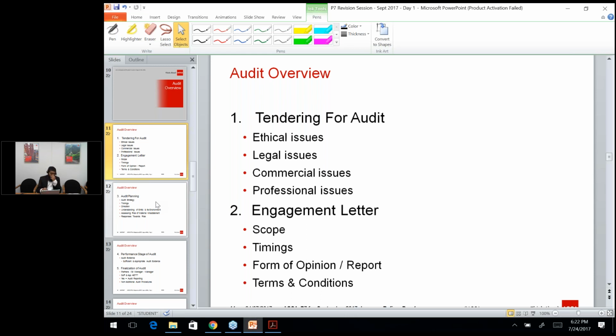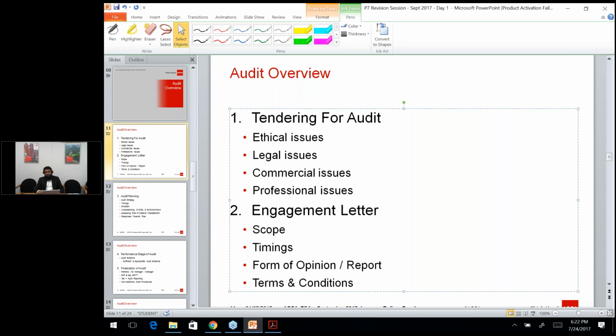If I talk about how the audit actually operates, I've mentioned tendering for the audit as the first step for any audit. Now, what do we mean by tendering for the audit as the first step? I'll talk about it. You see, when does the auditor come into play?